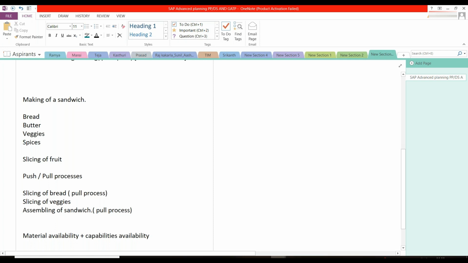I need someone skilled enough to assemble the sandwich as and when the customer has placed an order, right? And at the same time all the necessary materials should also be readily available. Unless I have my materials and capabilities available, it would be a tough job to fulfill the demand with a quicker response time.